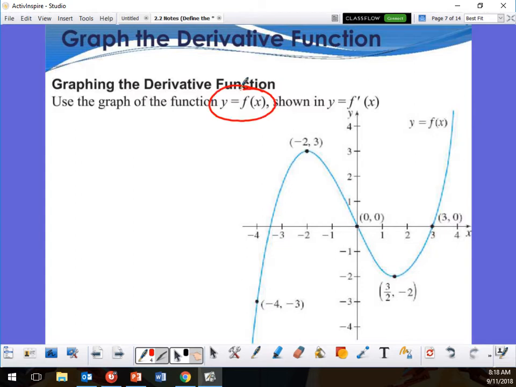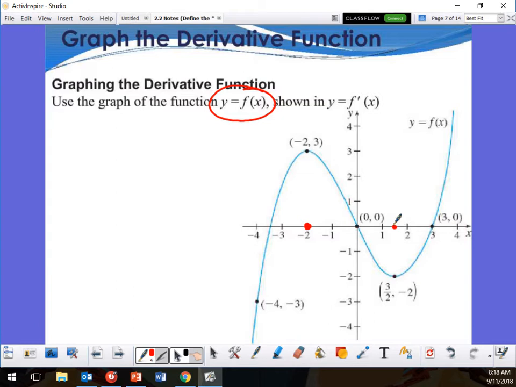Okay, the slope is 0. Very good. So I know that the slope right here is going to be 0. As I'm graphing my derivative, I'm going to have a couple of key points. Now at -3/2, or positive 3/2, it's again at 0. So if I'm graphing a derivative, I know that this is going to be a 0 right here.